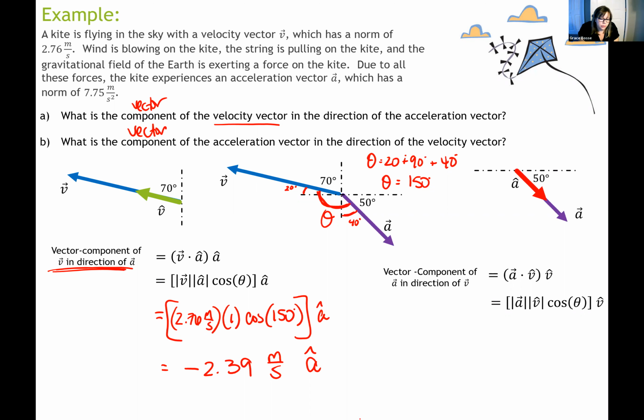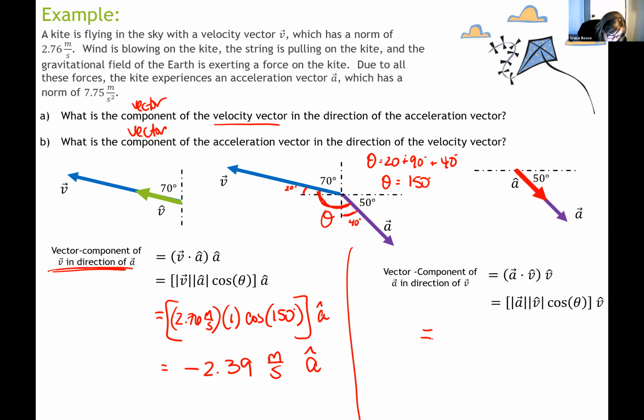Now let's do the other piece. I want to find the vector component of the acceleration in the direction of the velocity. So now I'm doing the dot product between vector A and unit vector V. I can use the definition of the dot product. That's going to be the norm of vector A times the norm of V hat times the cosine of the angle between them. Then all of that gets multiplied by unit vector V. Now let's plug in some numbers.